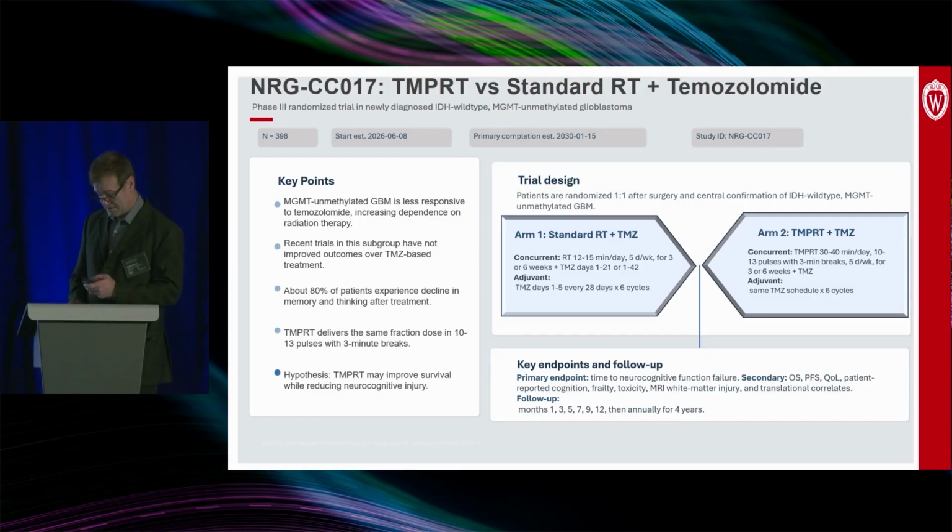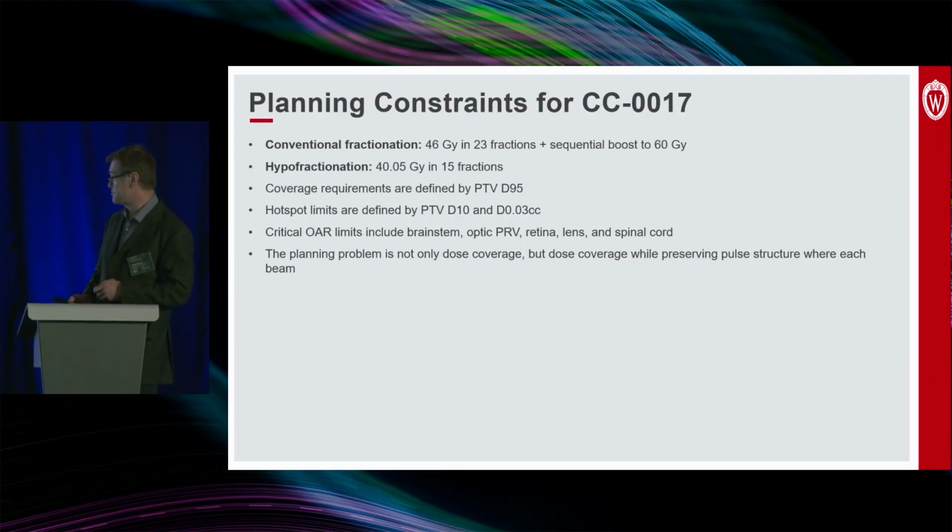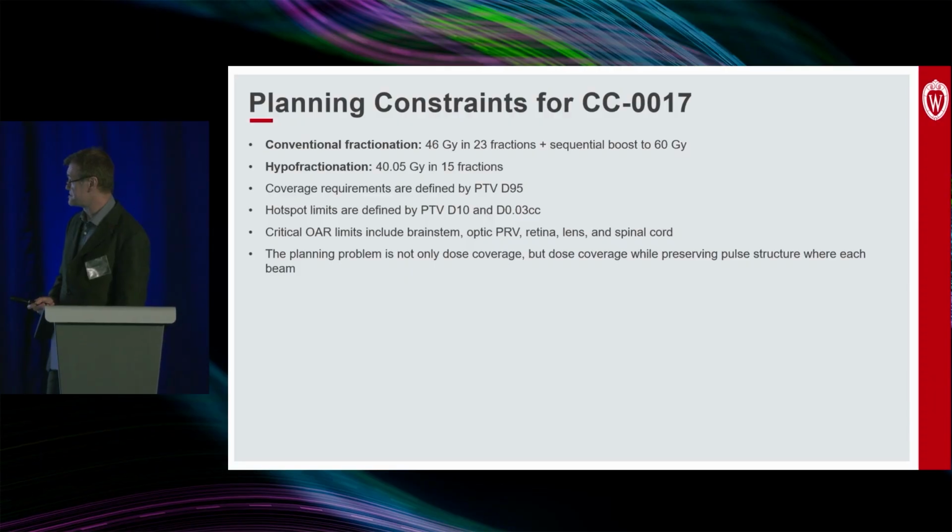So if we move on, the planning constraints. This trial is set to open, I think, in the next month or so, and it starts accruing in June. There'll be two possible radiation regimes. There's 43 gray and 46 gray in 23 fractions with a sequential boost, and then there's the hypofractionation in 15 fractions.